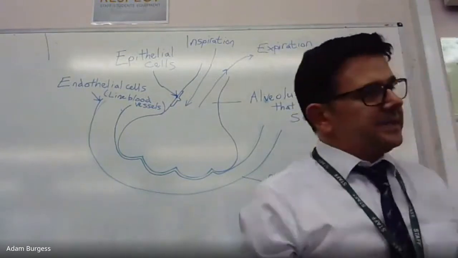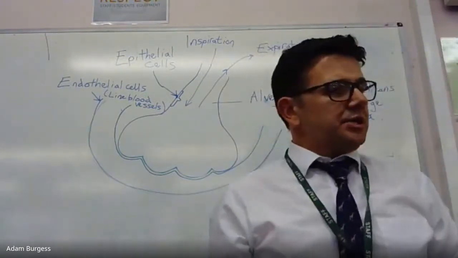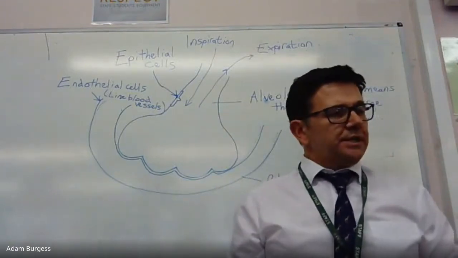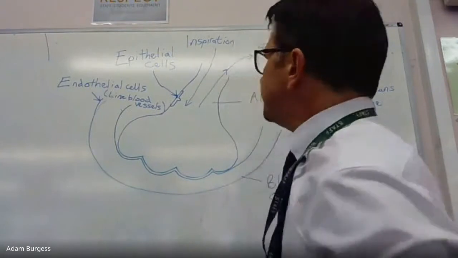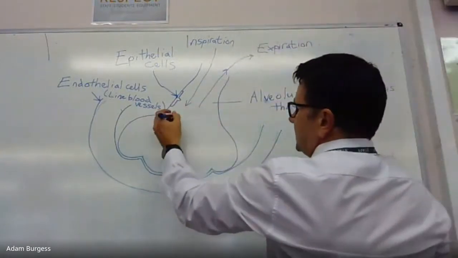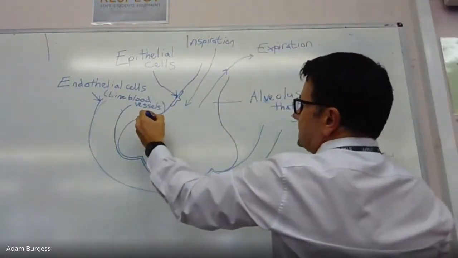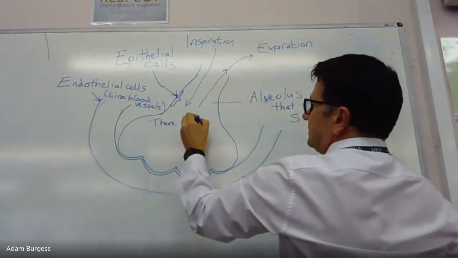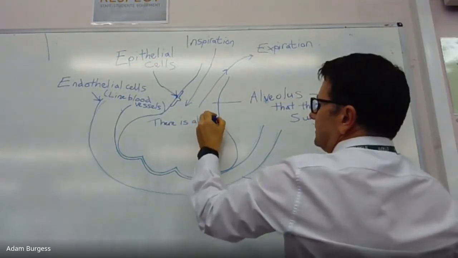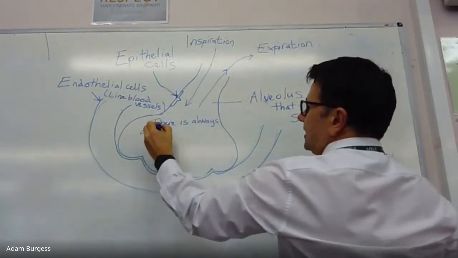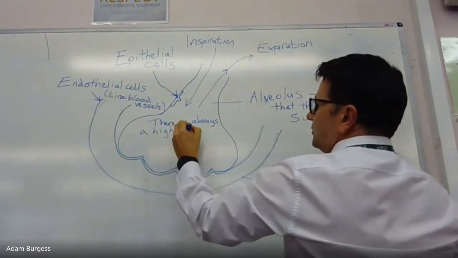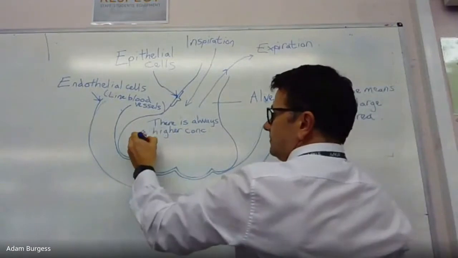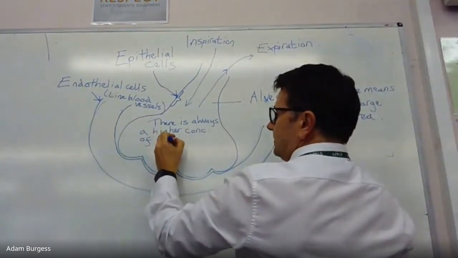Now, what that does is it maintains a concentration gradient. It means that there's always a higher concentration of oxygen in the alveoli than the blood. So the inspiration inside the alveoli means that there is always a higher concentration, I'll put CONC, that means concentration, of oxygen in alveoli.